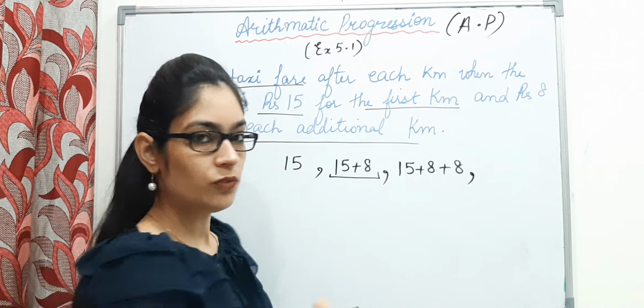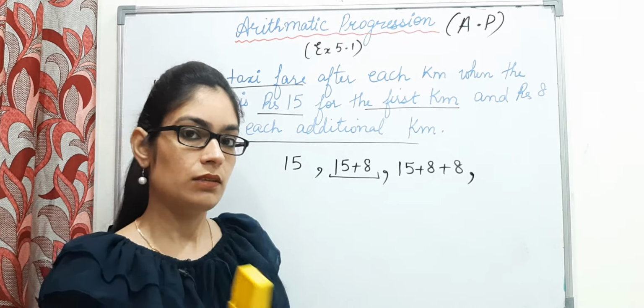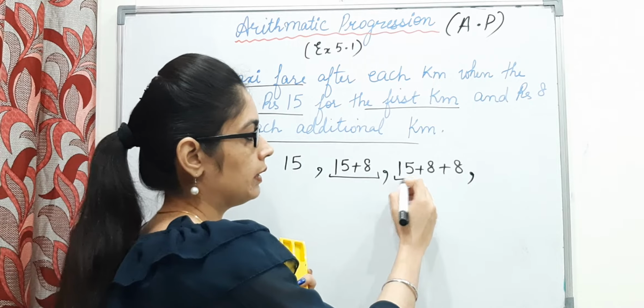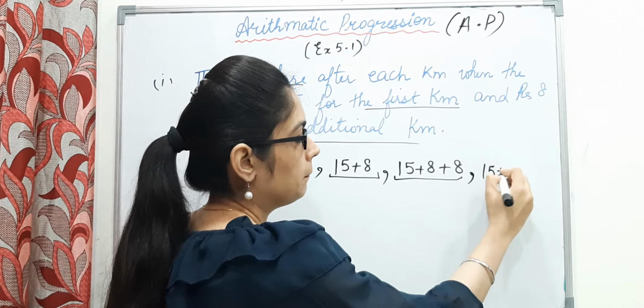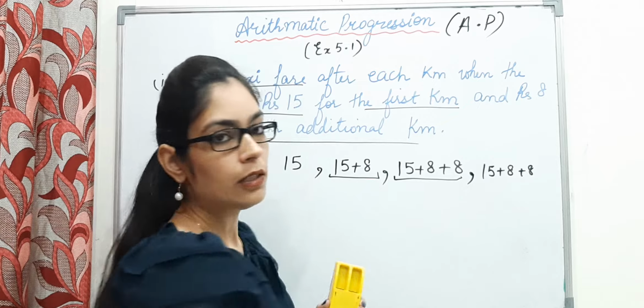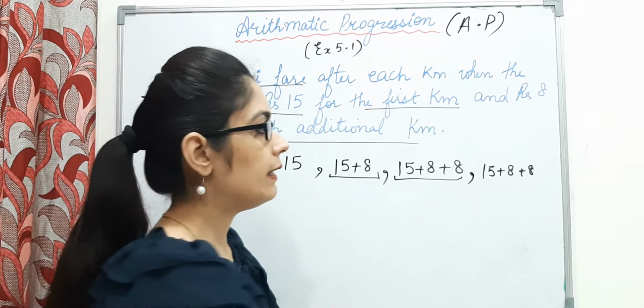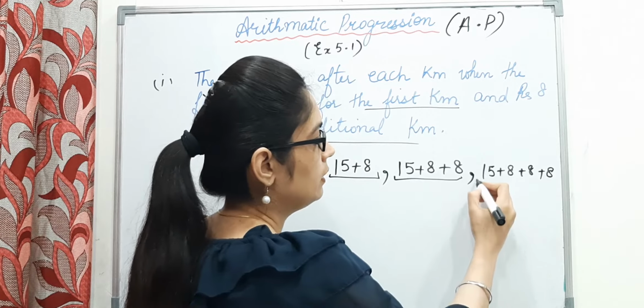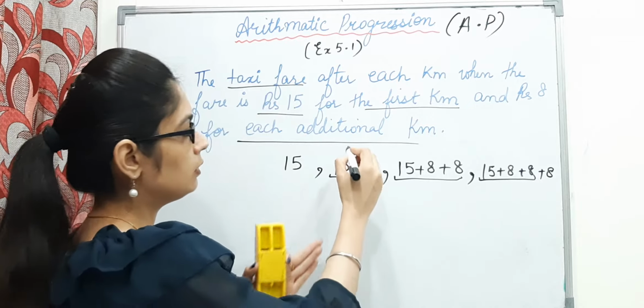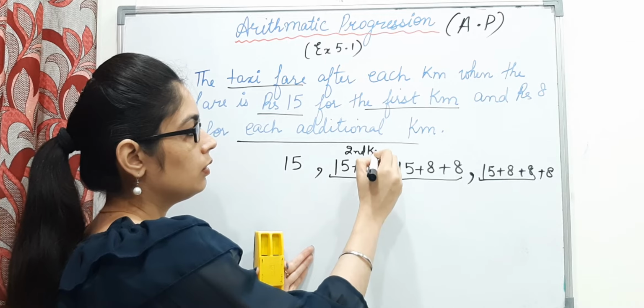Again for the fourth kilometer, the previous amount, the amount of the third kilometer, plus an additional 8. This is for the third kilometer, this is for the second kilometer.